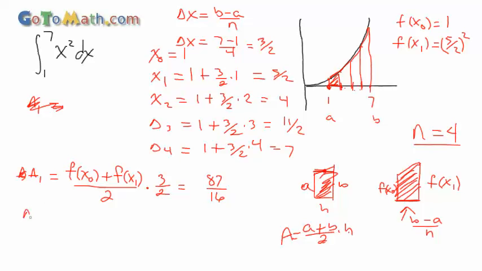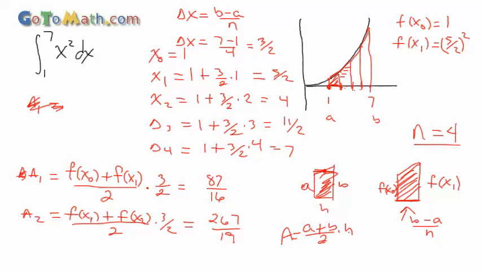Okay. So area 2, that would be this second area. So we're going to take f of x1 plus f of x2, divide that by 2 times that by 3/2, and you should end up getting 267 over 19.